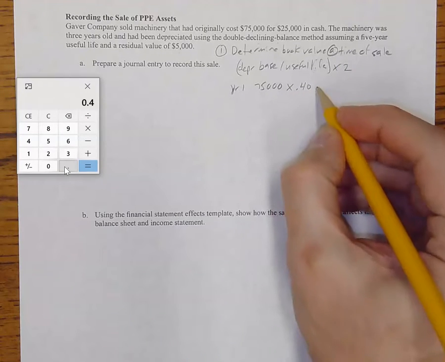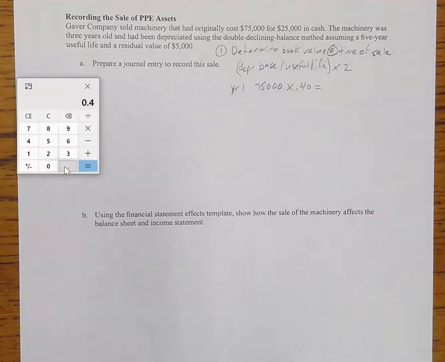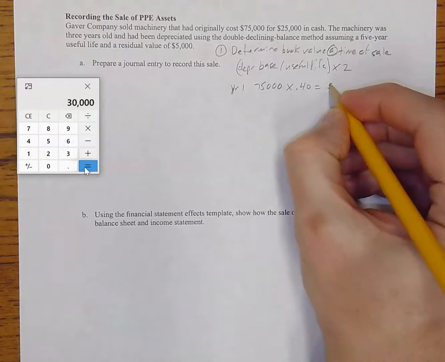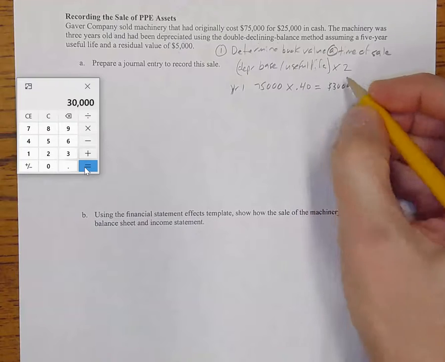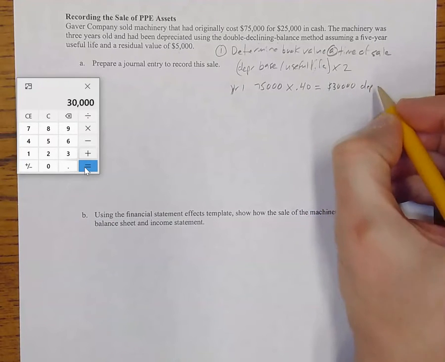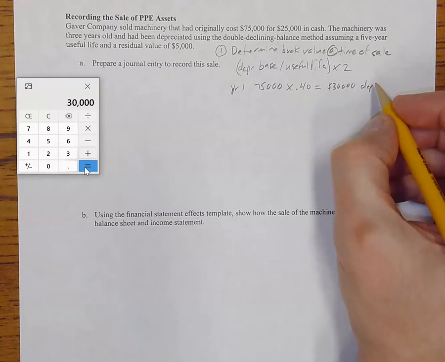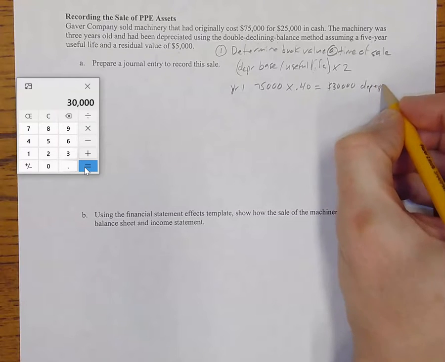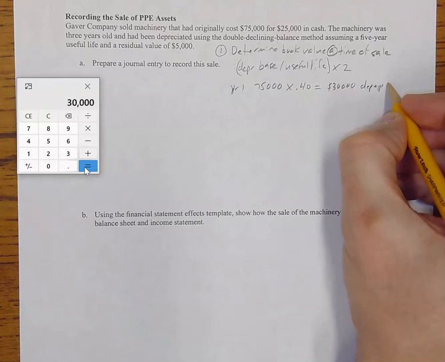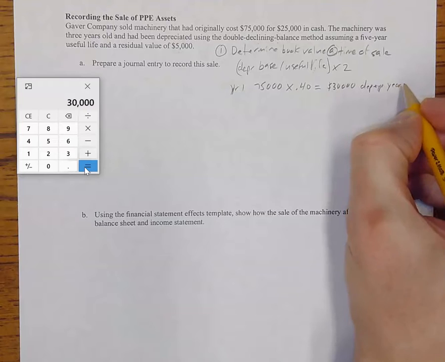So watch this. I've got my 0.4 on the calculator, so I'm going to multiply it by 75,000. And that gives me $30,000 in depreciation expense in year 1.